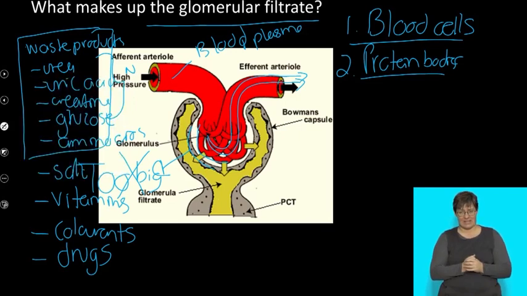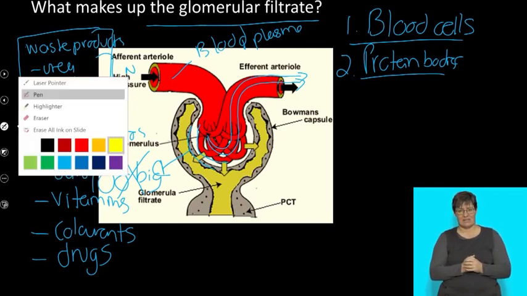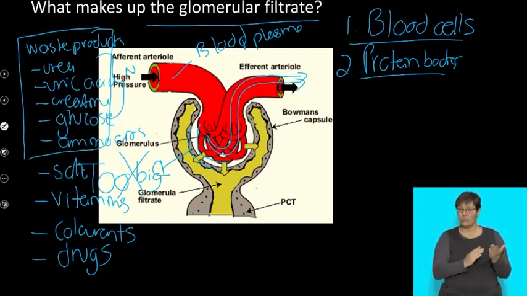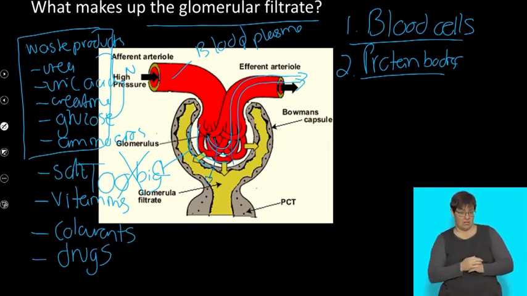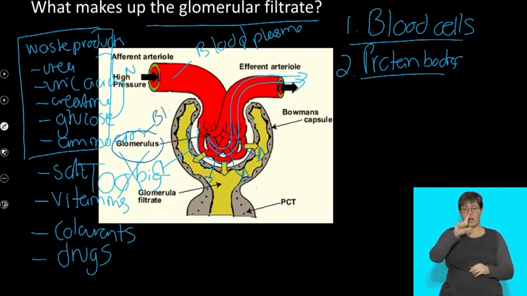They are going to be, let me change the color quickly. They are going to be small enough to move by this ultrafiltration, ultra squeezing. By this ultrafiltration, they are then going to move from the glomerulus. Remember, what was my glomerulus? My blood, because it's glomerular filtration.